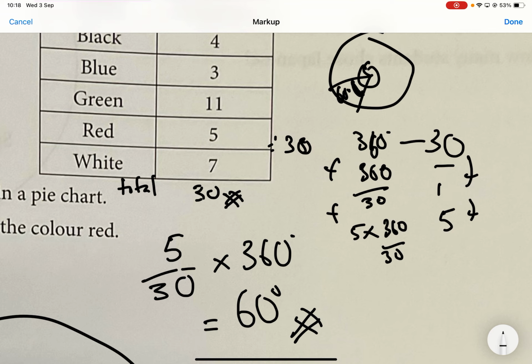We will spend a bit more time on pie chart. Okay, done?